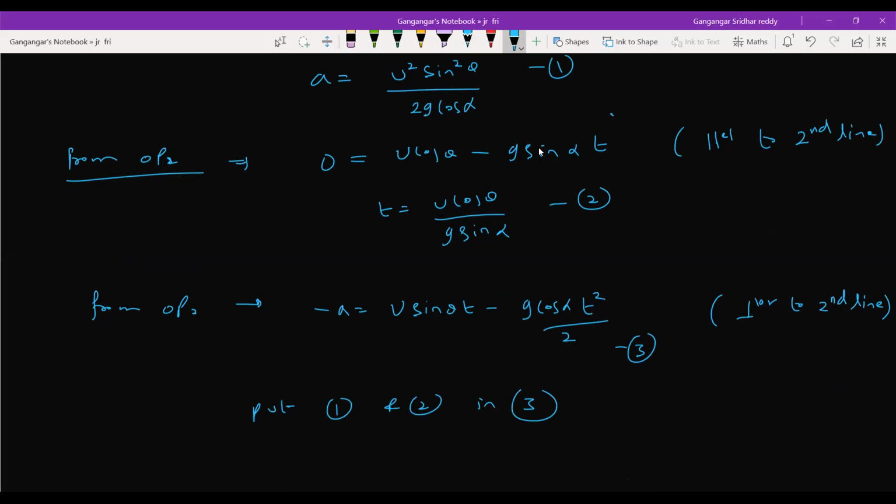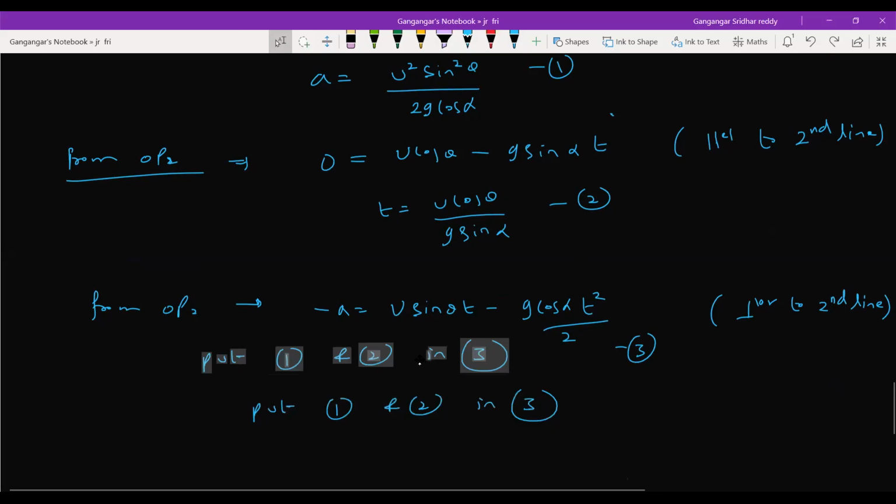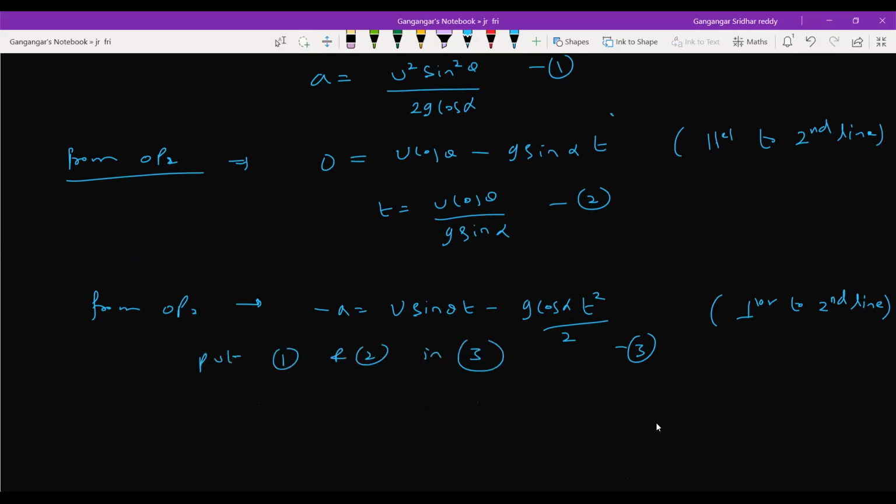Writing these equations is very important. Okay, rest all is solving now. So we have to solve this. Let me substitute it.